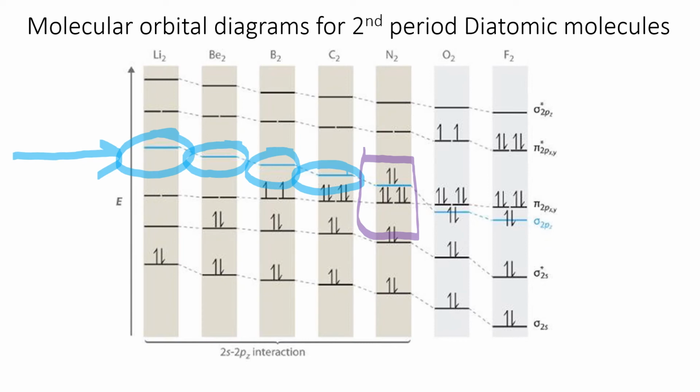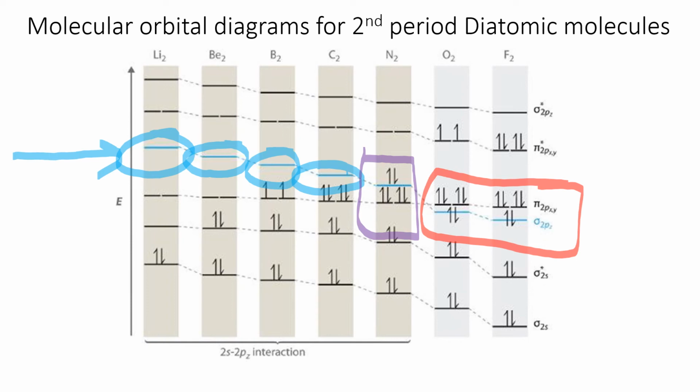And as we're going to see, we get a switch here. Shown in red, after you go to O2 and onwards, because of that dropping of the sigma 2p orbital's energy, it's now lower in energy than the pi 2p. We have to take that into account when we're drawing our molecular orbital diagrams now.